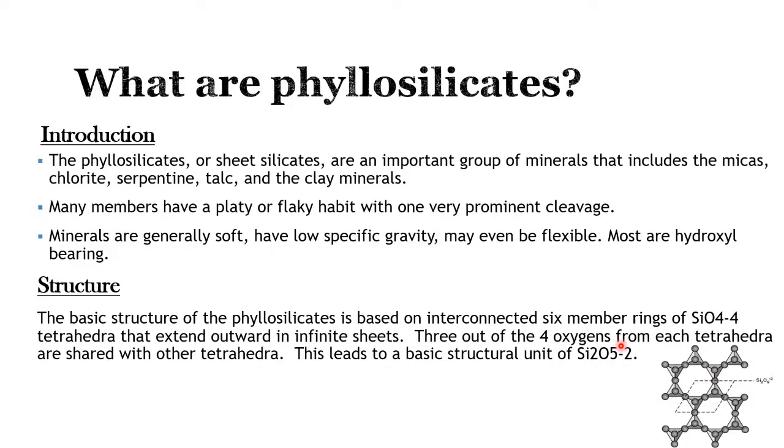Now let me describe it in this diagram. Take these two tetrahedrons. This is a single tetrahedron and this is another one. Because the formula says silicon, there are two atoms of silicon. These are oxygen atoms and this is also oxygen.